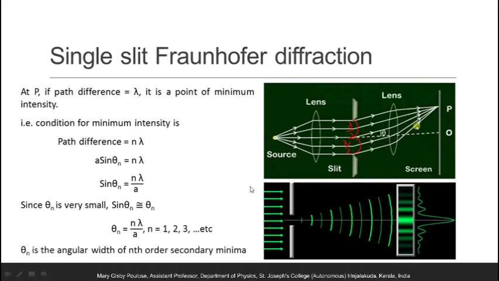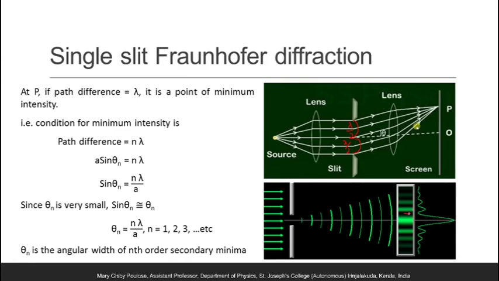Here theta n is the angular width of the nth order secondary minimum. When n is equal to 1, we get the angular width of the first order secondary minimum, that is, the angular width of this secondary minimum.